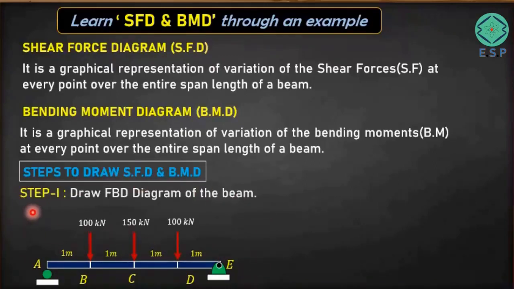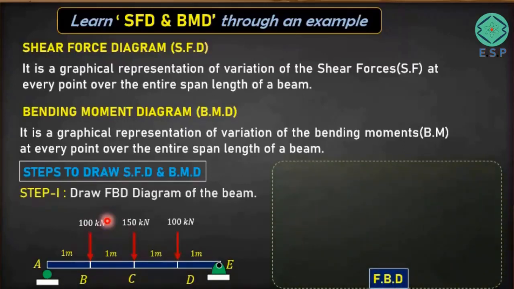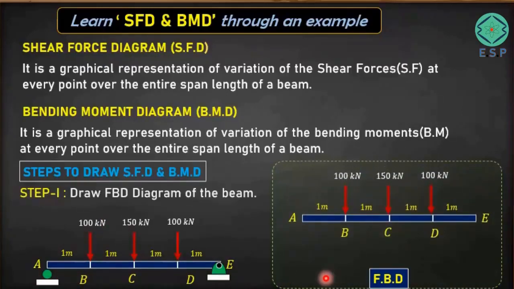So the first step, as mentioned here, is to draw the free body diagram. While drawing a free body diagram, we make the beam free from all supports. The forces acting on the beam are as mentioned here. We will have a support reaction at point A, RA. Since it is a roller support, it will have only a single vertical support reaction RA.